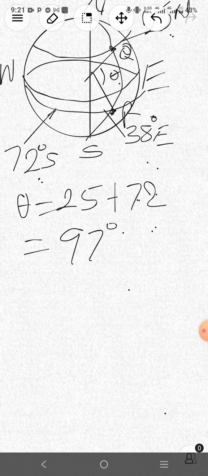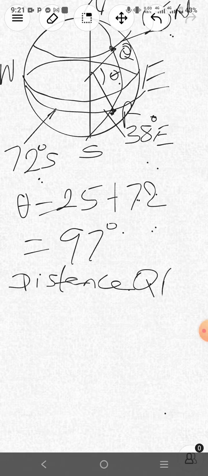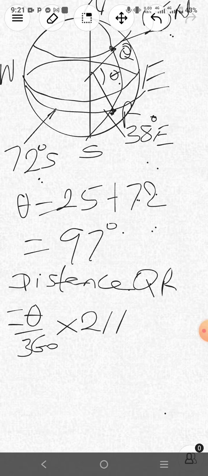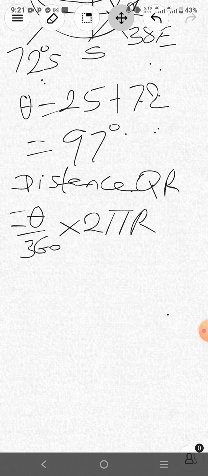So the distance QR along the longitude is equal to theta over 360 times 2 pi R, which is the length of arc we are using.